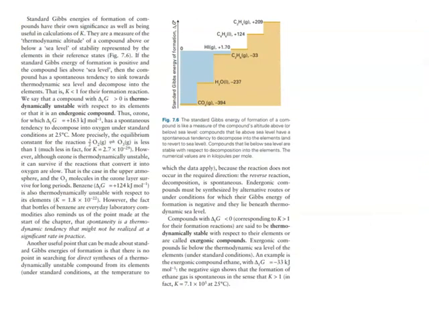Standard Gibbs energies of formation of compounds have their own significance as well as being useful in calculations of K. They are a measure of the thermodynamic altitude of a compound above or below the sea level of stability represented by elements in their reference states. We should actually jump into Figure 7.6 to make sense of that analogy. In 7.6, you see on the y-axis the standard Gibbs energy of formation, and you have these different energy levels for different compounds.